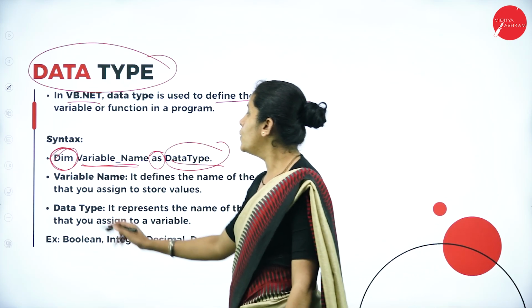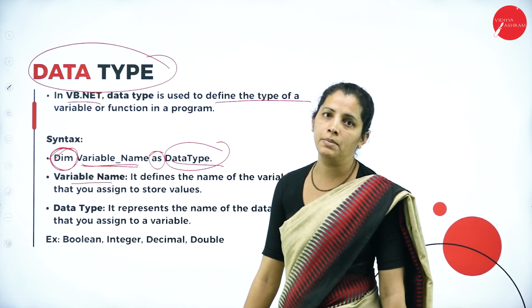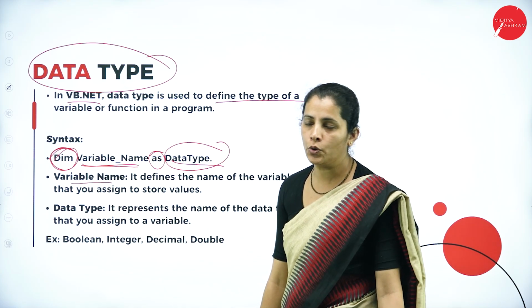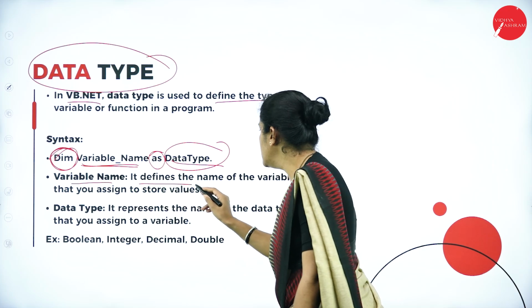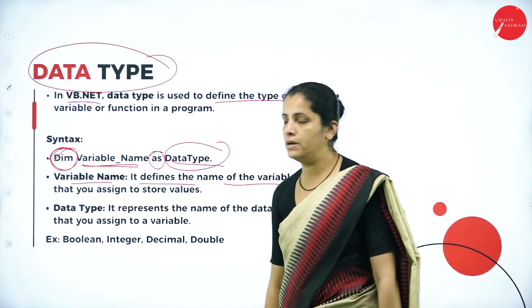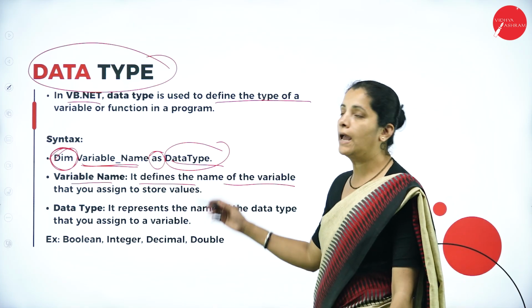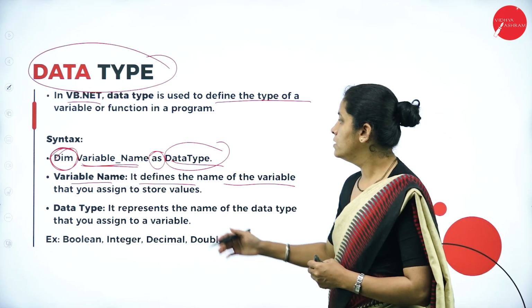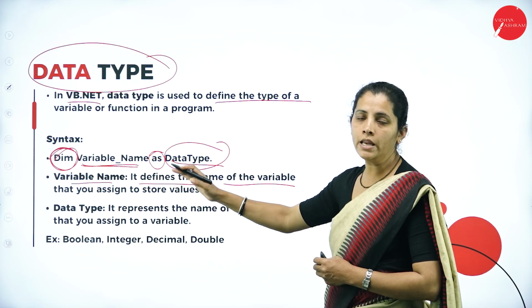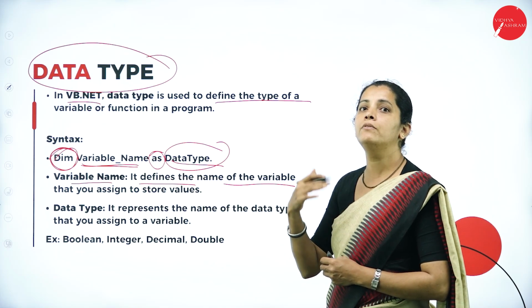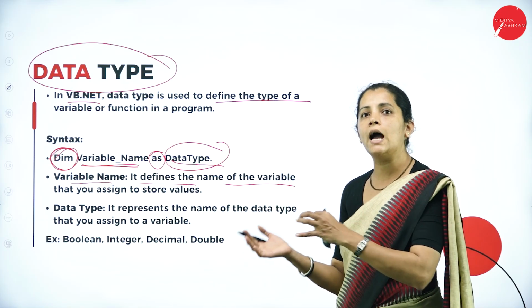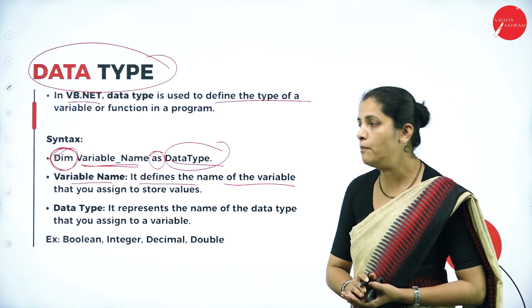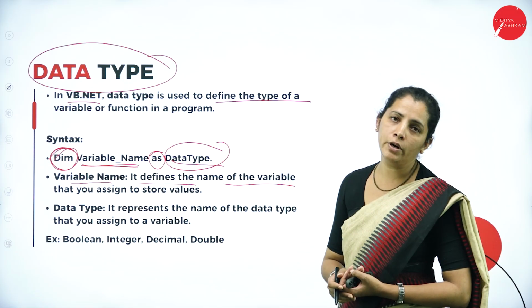Now here, the variable name is nothing but the name given to the memory location. It defines the name of the variable to which you can assign or store some value. So what is a variable? A variable is a name given to a memory location so that I can store some value. And what about the data type?